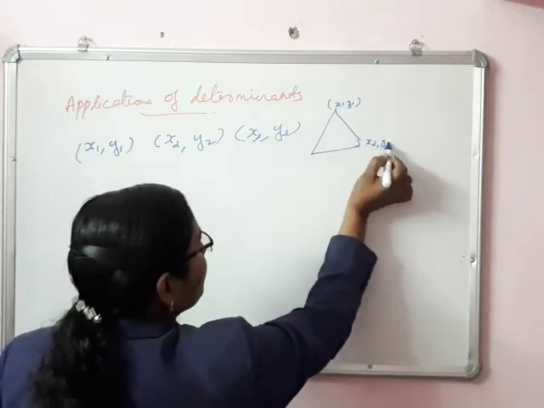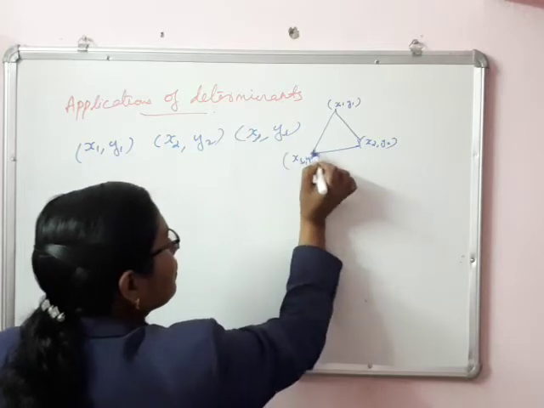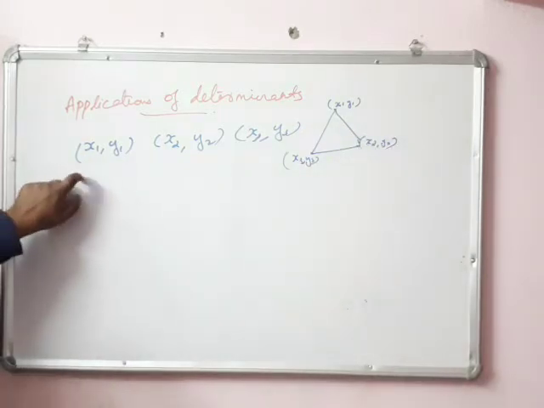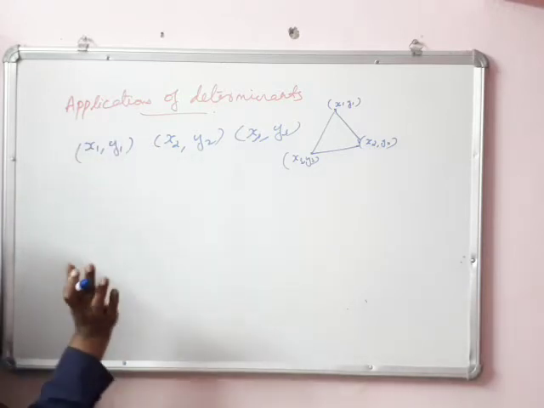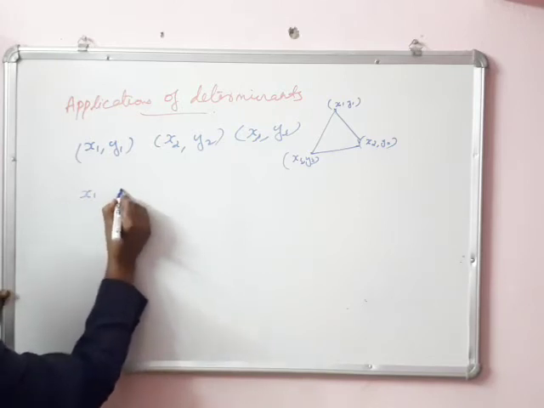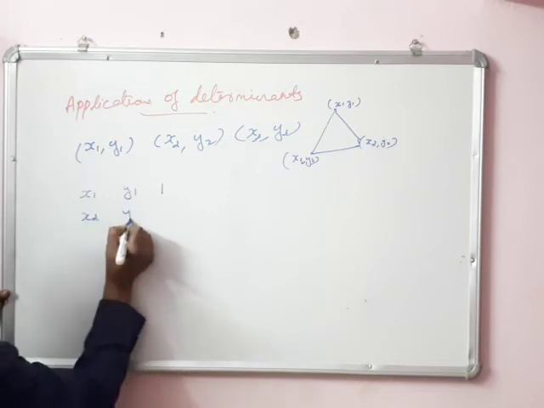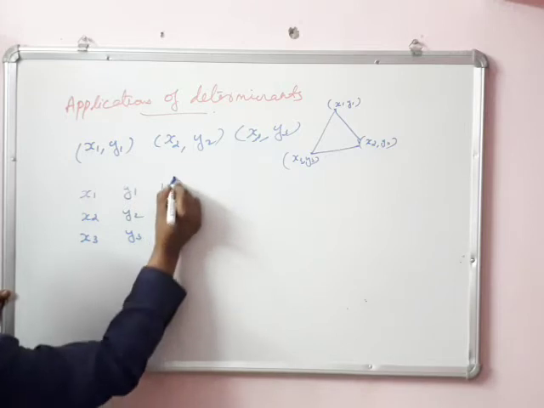Then, how will we find the area? For that, listen here. First of all, you arrange x1, y1, 1, x2, y2, 1, x3, y3, 1.